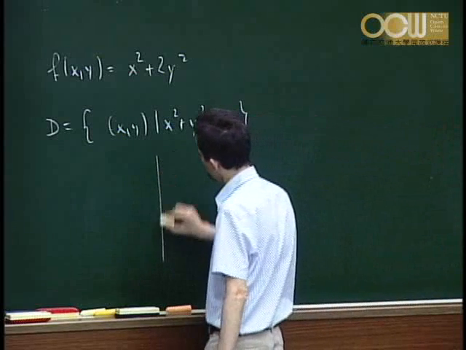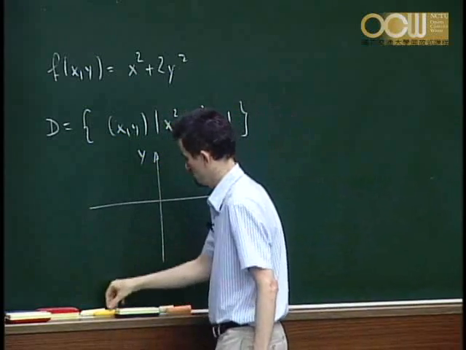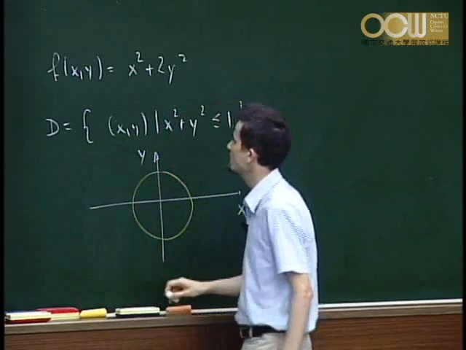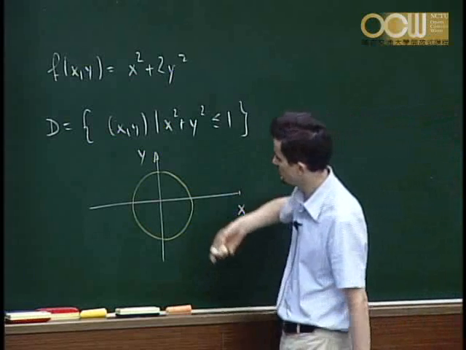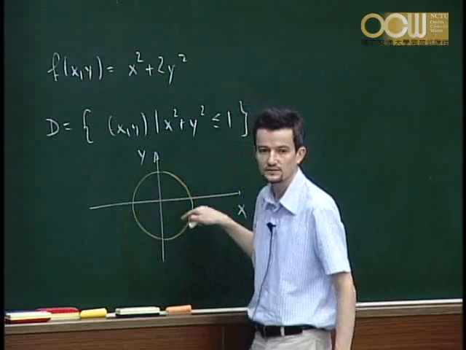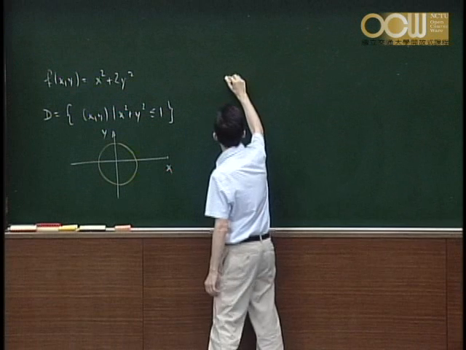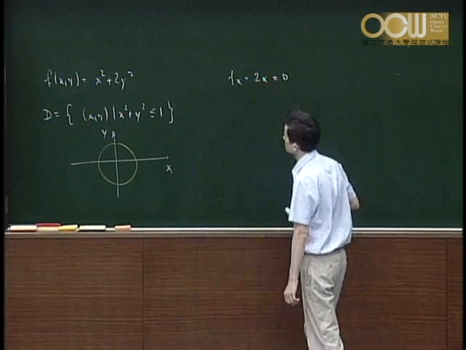So in order to find the absolute extrema, which we know must exist because of the extreme value theorem, we have to check inside the domain at all critical points, and we have to check at the boundary. The first step is always to find the critical points, which for this example is very easy because the derivative with respect to x is just 2x.